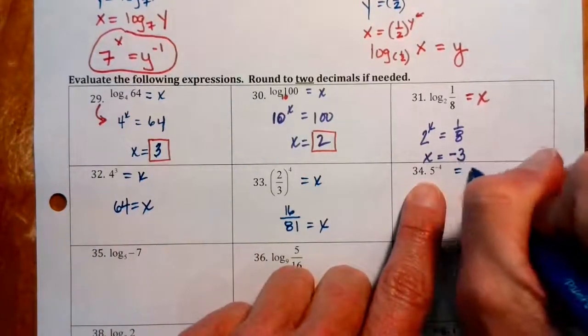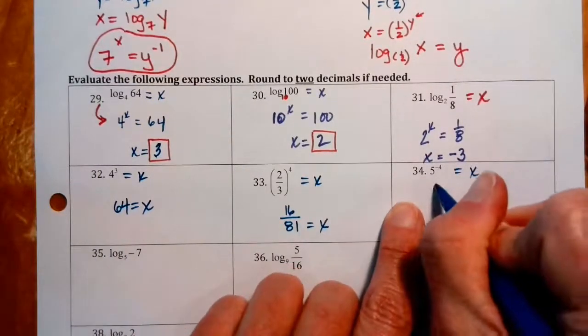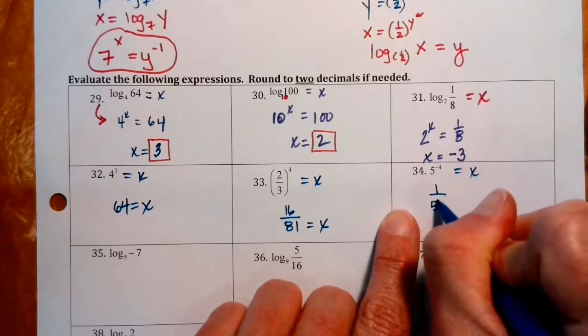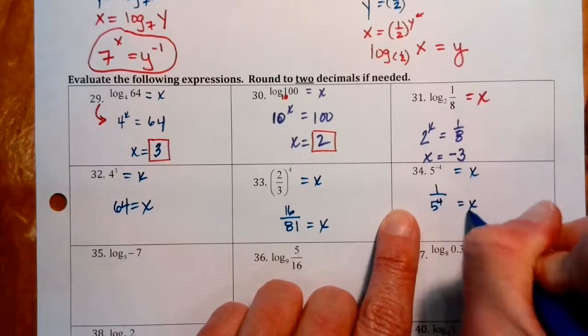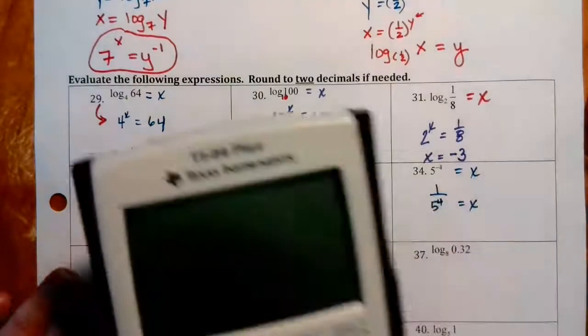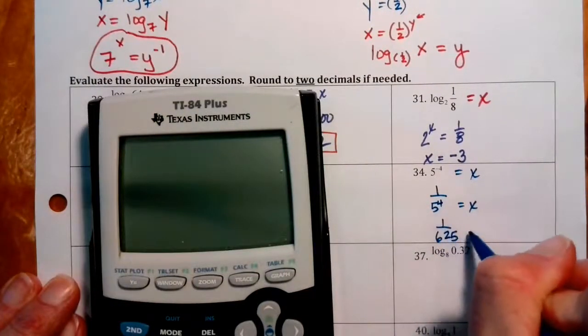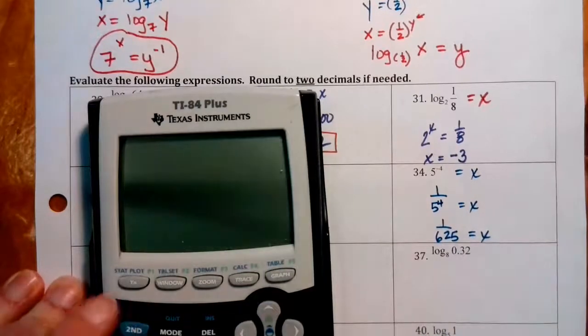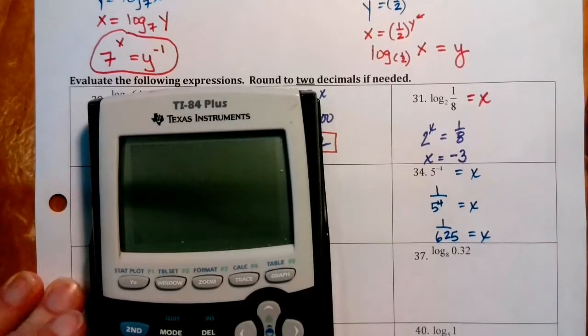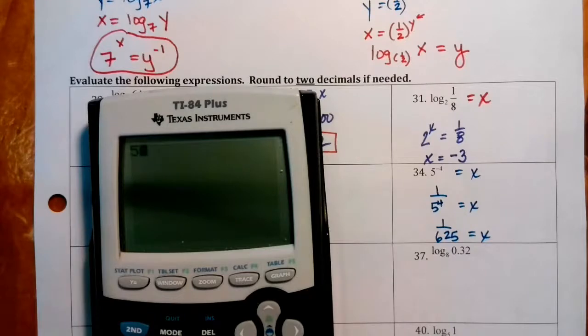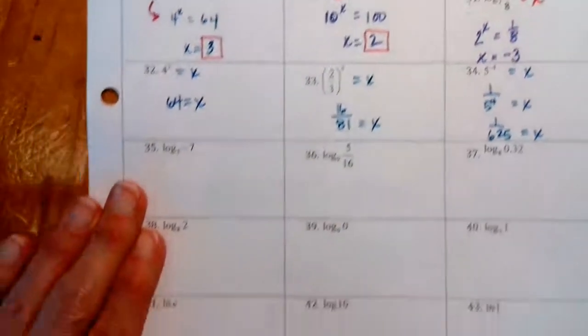If I say that this is equal to x, that means I'm multiplying 5 four times is equal to x. And I believe this is 625. But if I'm worried that that's not a part of my friendly numbers, I'll ask for my calculator, what is 5 to the 4th? And yep, I was right.